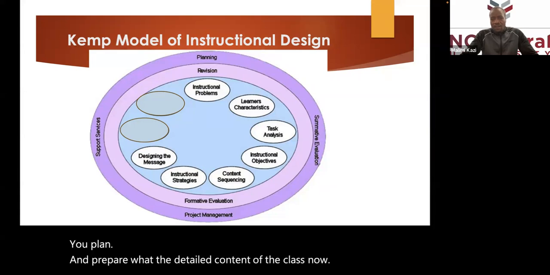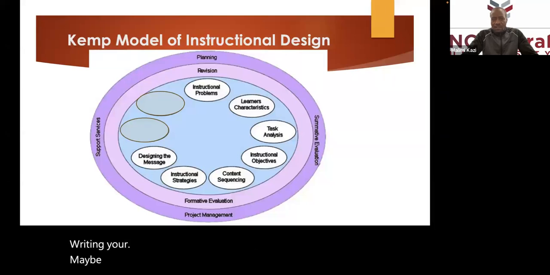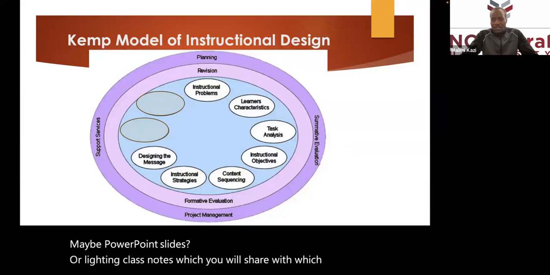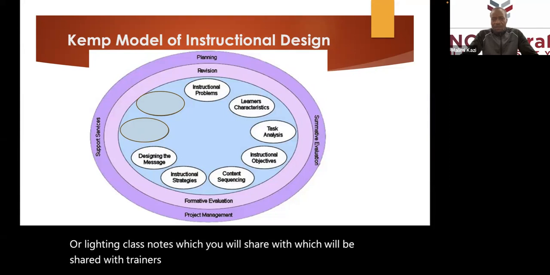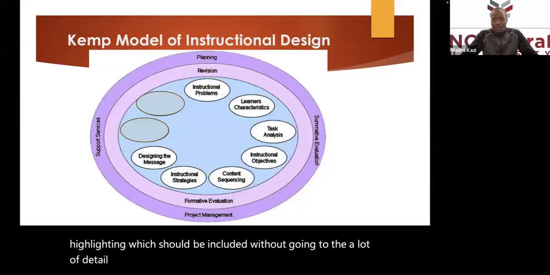For example, here it can include writing your PowerPoint slides or class notes, which will be shared with the learners. Sometimes it can be identifying and highlighting what should be included without going into a lot of detail for what is to be covered.